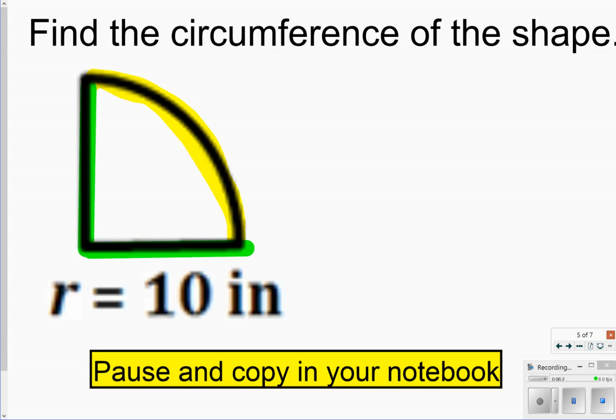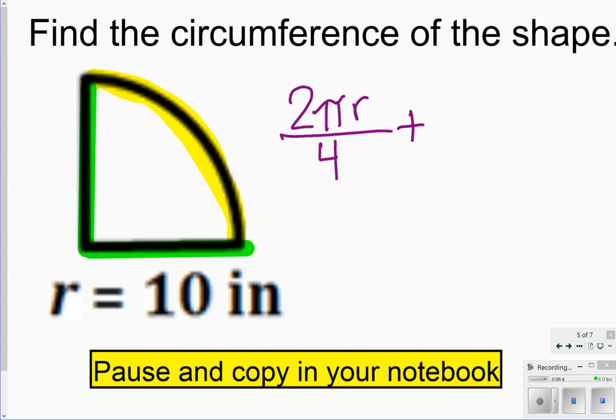All right, so since they gave us the radius, we know that it's 2 pi r, but it's only 1/4 of the circle. So since it's only 1/4 of the circle, we're going to divide that by 4. And then we're going to add to it these straight lines.